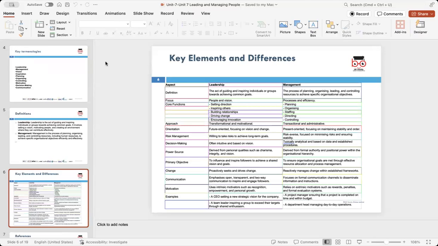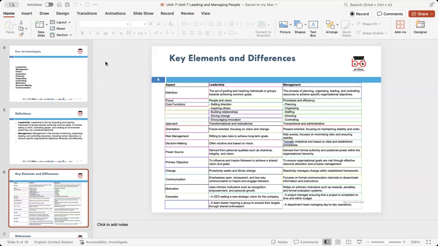Right. Key elements and differences between the two, leadership and management. So, leadership and management are different but connected roles within organizations. Focus: leaders focus on people and the bigger picture, while managers focus on process and efficiency.